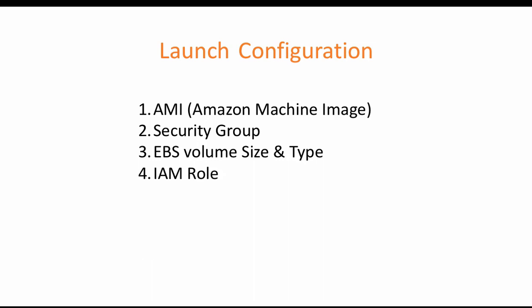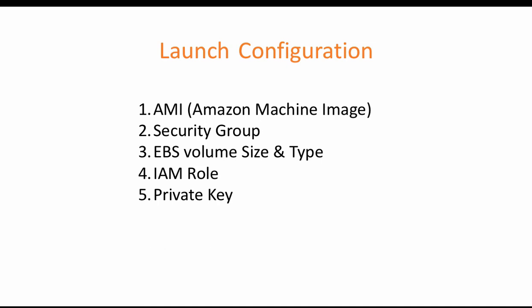So EC2 might need permissions to talk to S3. In such cases, we create a role and assign it. Even that should be mentioned in the launch configuration. And the private key. For SSH into the servers, we need a private key. Those details we need to mention as part of the launch configuration. Autoscaling group uses this launch configuration for launching a new instance into the group, which is an instance which has our web application and all its dependencies required to serve the customers.